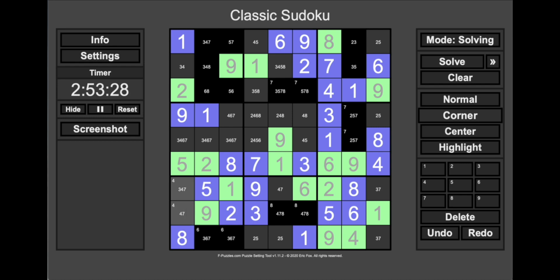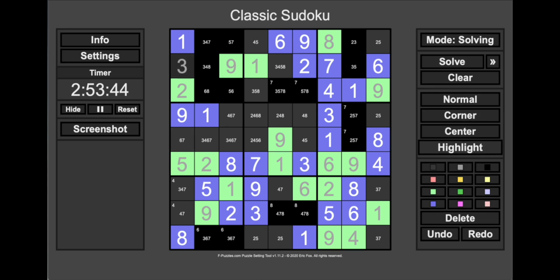Let's see, I put a 4 in one of these two spots. So neither of these can be 4. If this is right, that's a 3. This is now not 3 or 4. This 3 forces that.